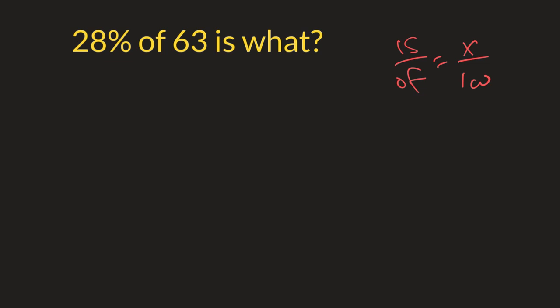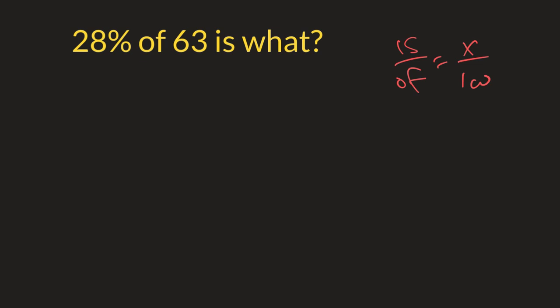All right. First question. Here it is. Did they give you a number with a percentage symbol on it? Yes or no? Yes. What is it? What's the percentage? 28%. If they gave you a number with a percentage symbol on it, they have given you a percentage.